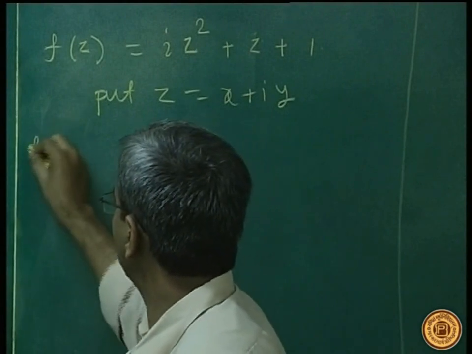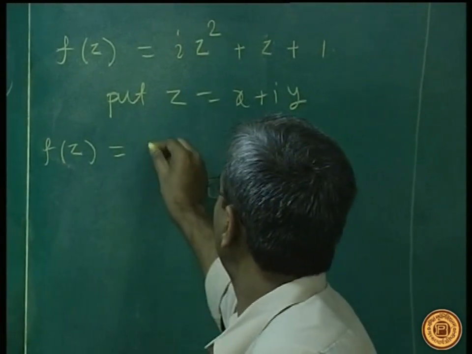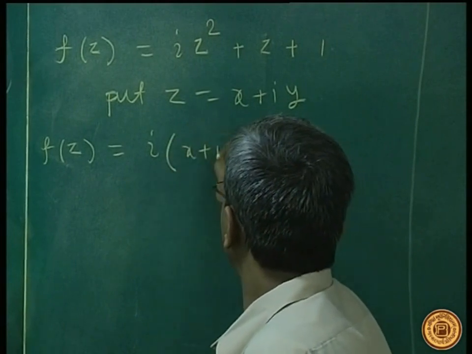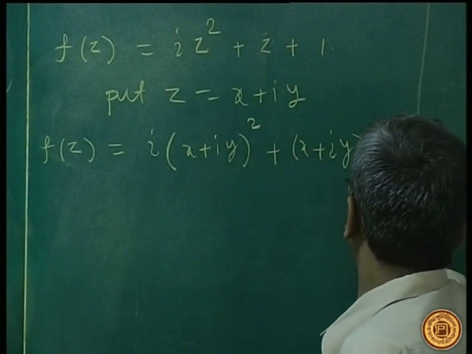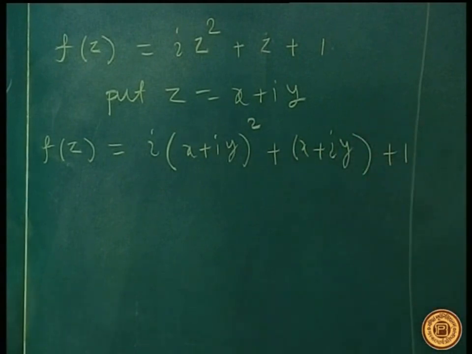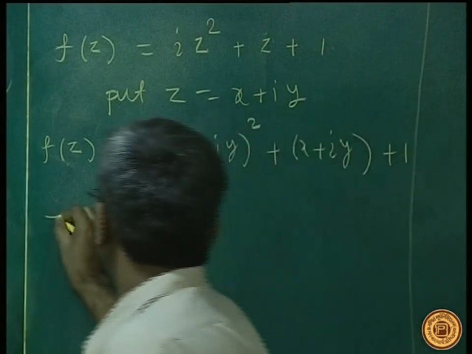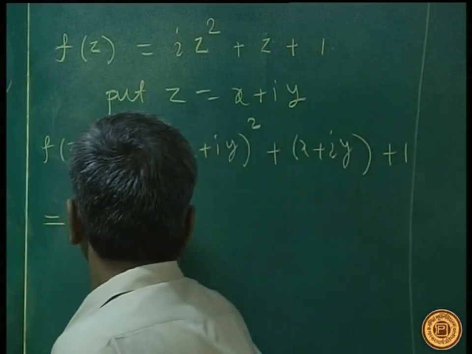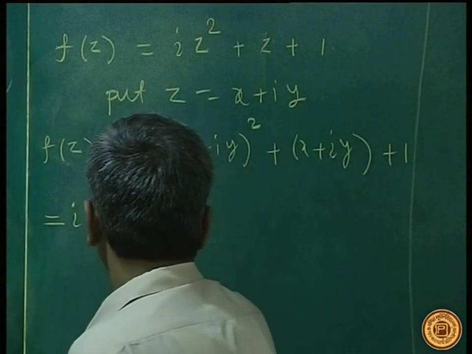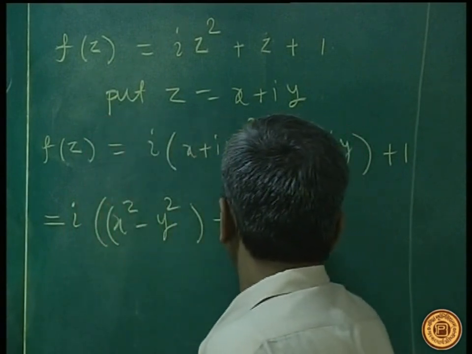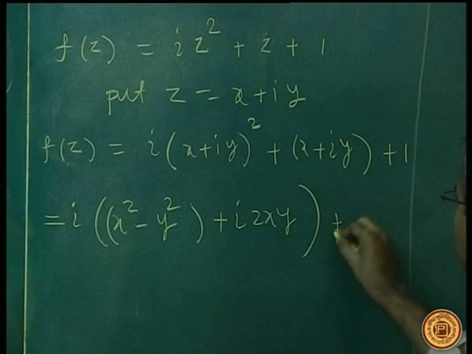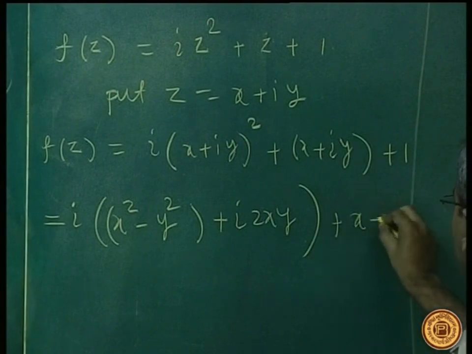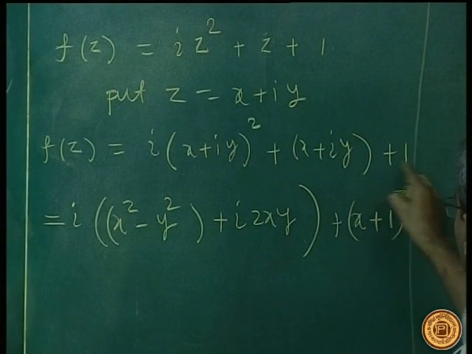Then f(z) equal to i times (x plus iy) whole square plus x plus iy plus 1. That is equal to i times (x square minus y square plus i times 2xy), that is this bracket square I have written, plus x plus 1, this 1 I have combined with the real part, and i times y.